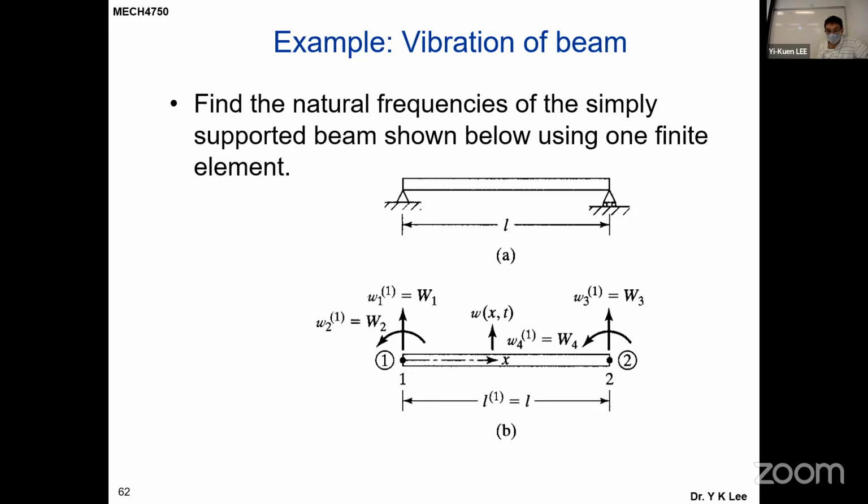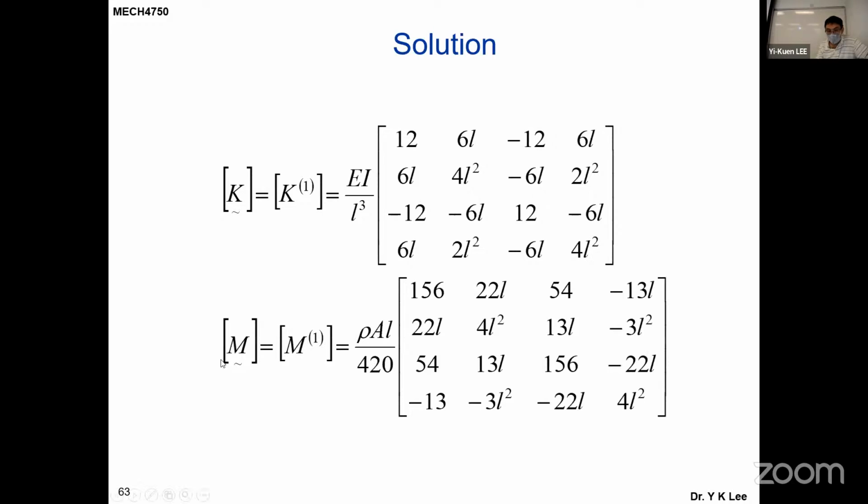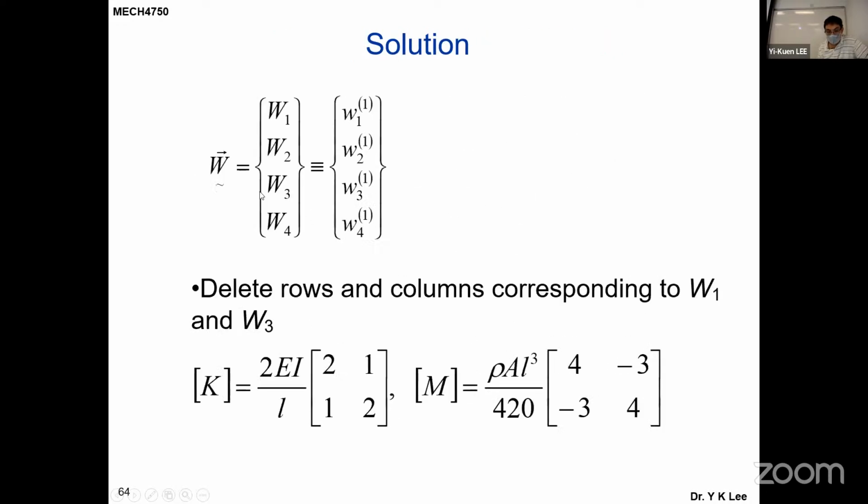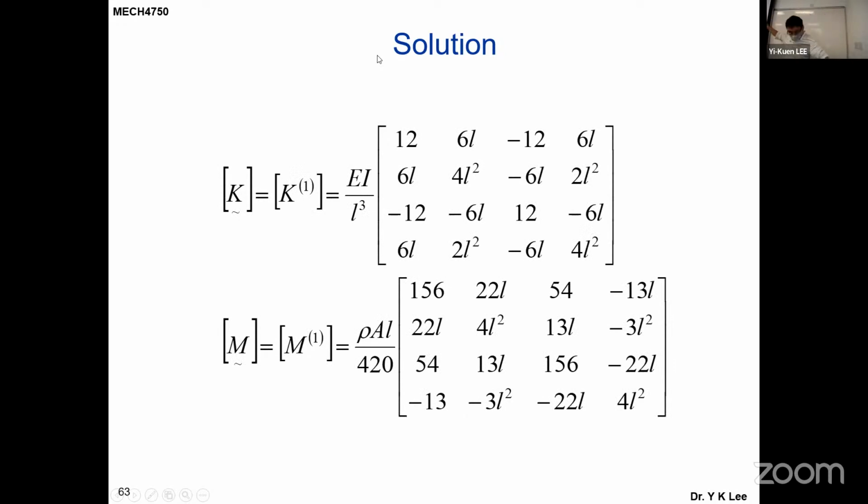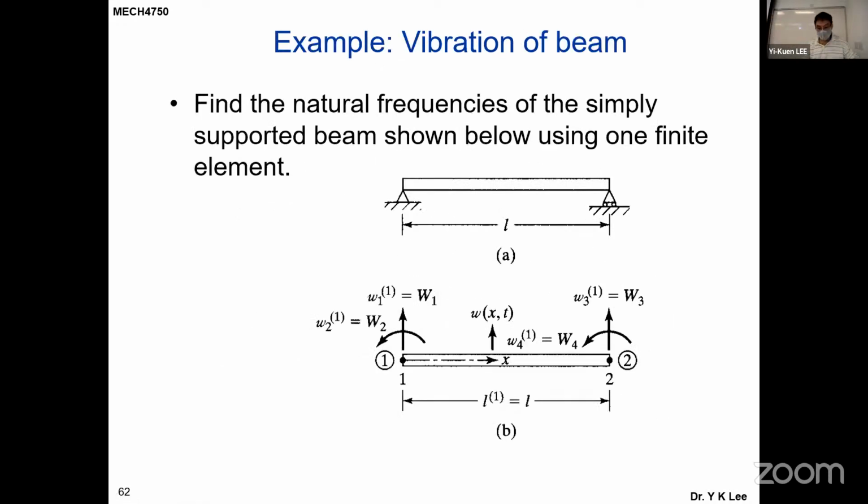Take a simple support beam. Of course, we have our M and K element matrices for the beam, right? In this case, if you use a one-element FEM model for this beam, we have a left-hand side and a right-hand side.